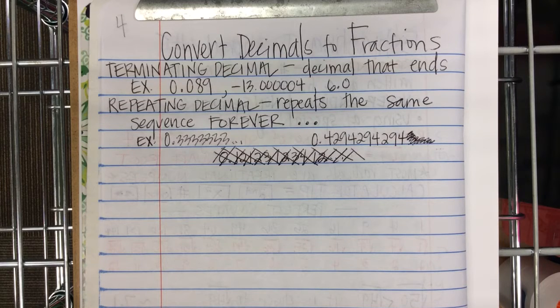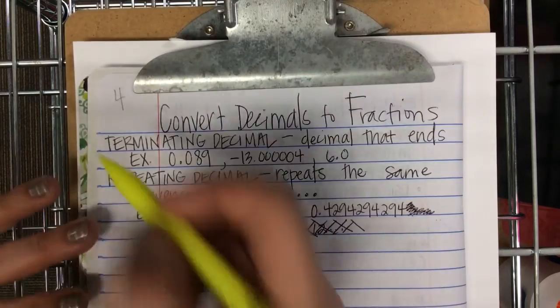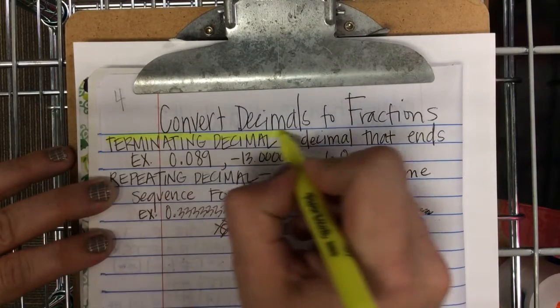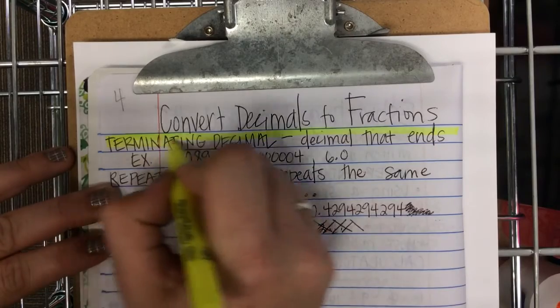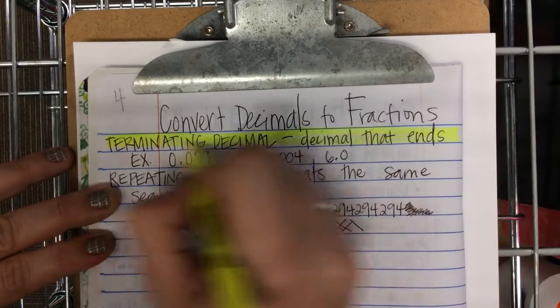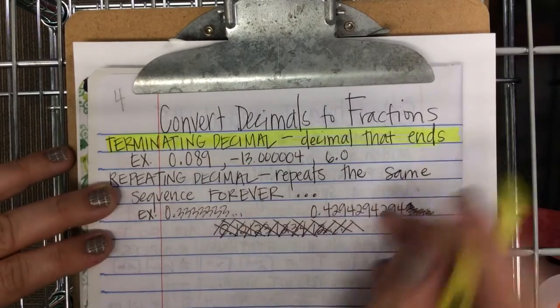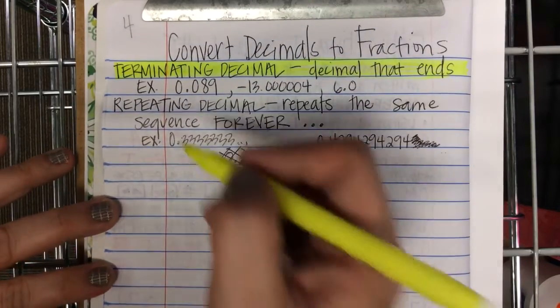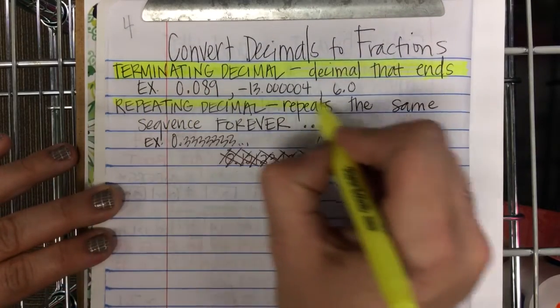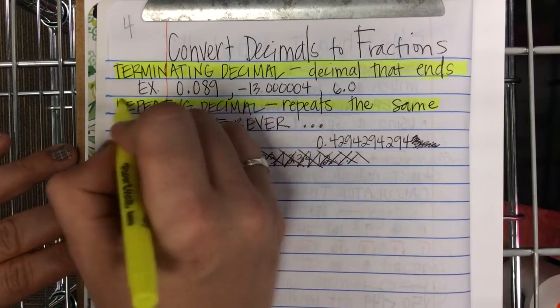You know, I really wish that there was an easier way to write repeating decimals. Because you know what? It's just such a pain. You waste so much pencil lead.